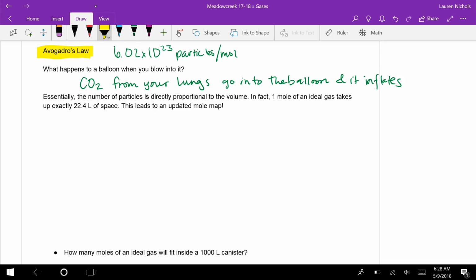And so what Avogadro's law kind of said was that 1 mole of an ideal gas takes up exactly 22.4 liters of space. And so this kind of leads to an updated mole map.